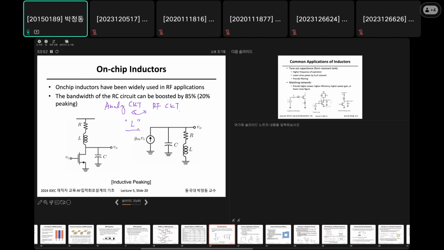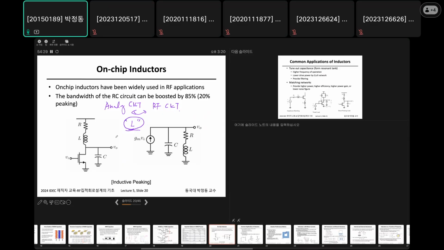The analog guys don't know about the inductor. RF guys cannot make money without inductors. Our RF circuits are typically so simple, so there are not many things to do. We have to have very solid knowledge of the inductor as an RF designer.